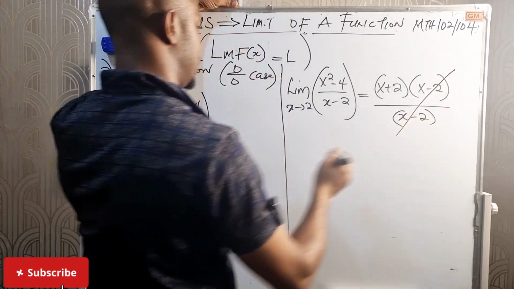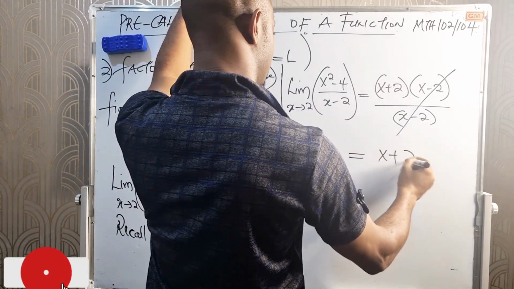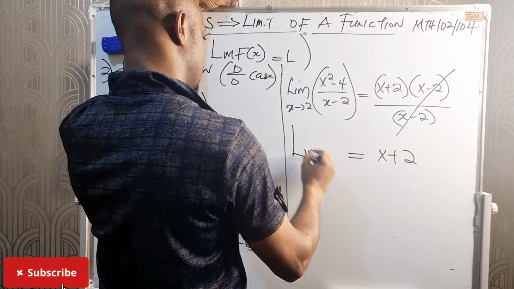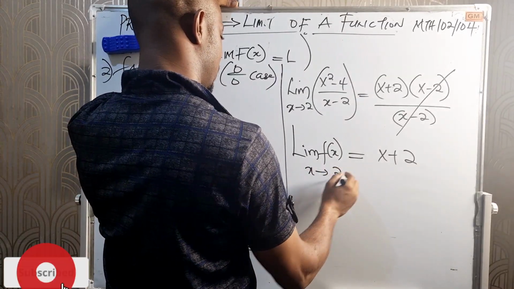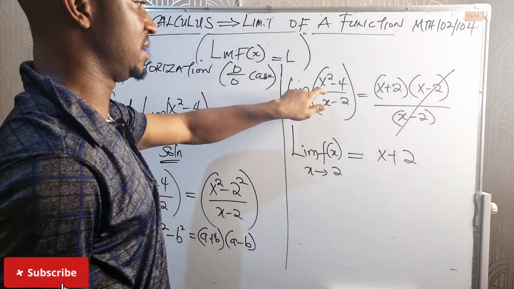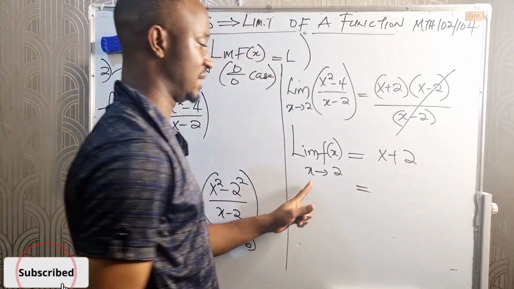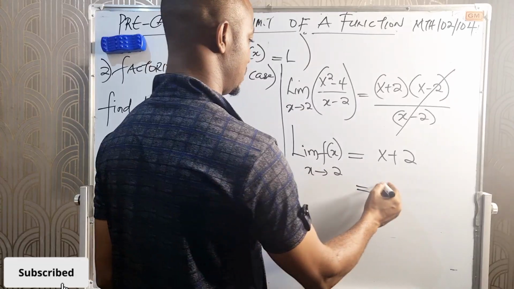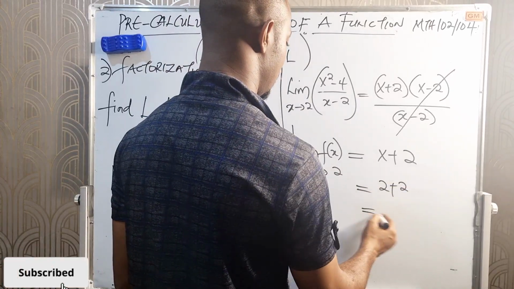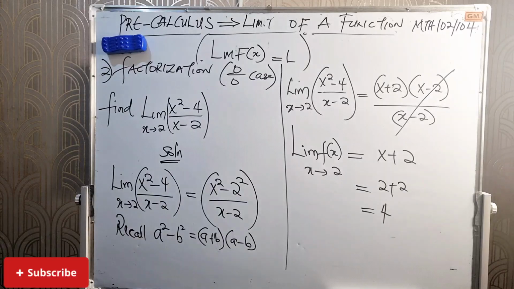So this can cancel with this, right? Our limit becomes x plus 2. So the limit of f of x as x approaches 2, f of x is simply this, don't forget. In this case I will replace my x with 2. We have 2 plus 2. The result is 4. Are you seeing it now? Okay.